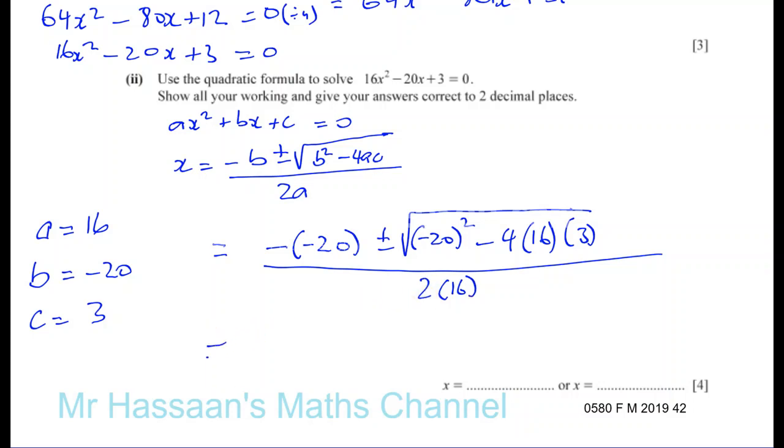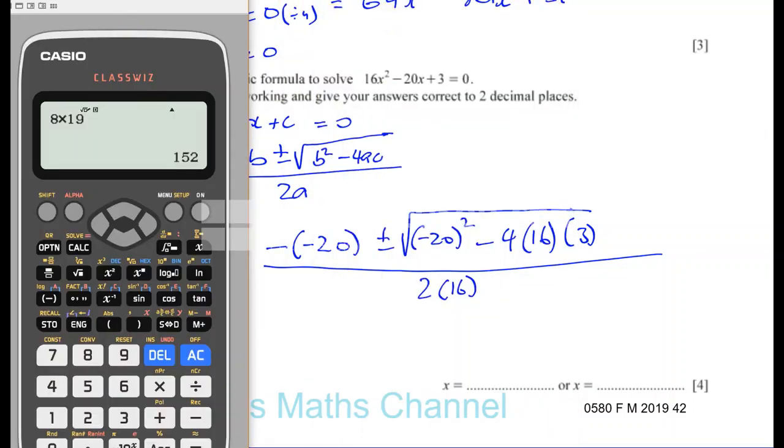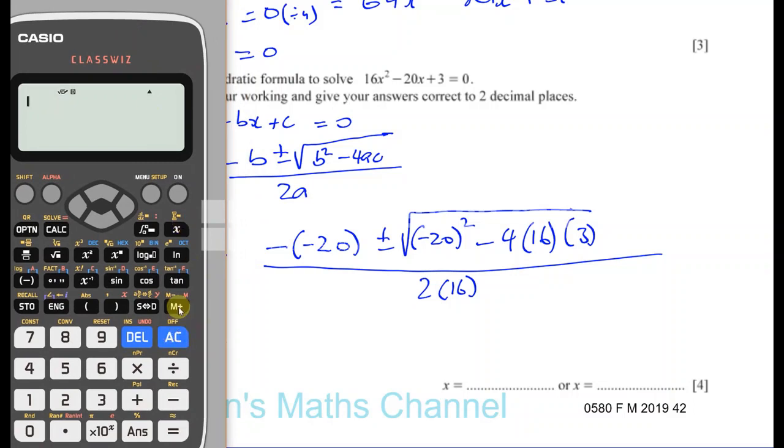Okay, so once you've done that, because it says show all your working, I would not just go straight to the final answer. I would write this in my calculator as it's shown. That's going to become minus, which would be plus, so it's 20, plus the square root of 20 squared, which becomes positive, that's 400, minus 4 times 16 times 3, then over 2 times 16, which is 32.